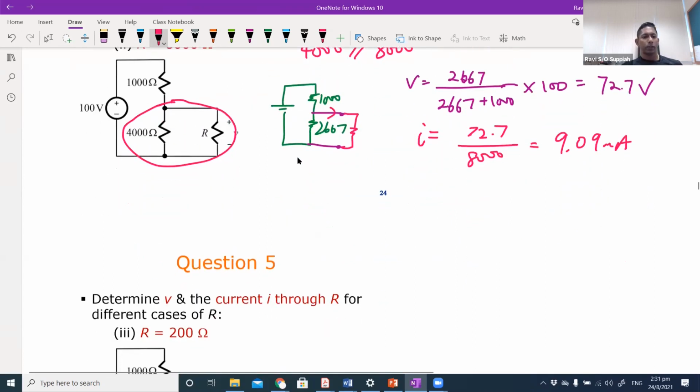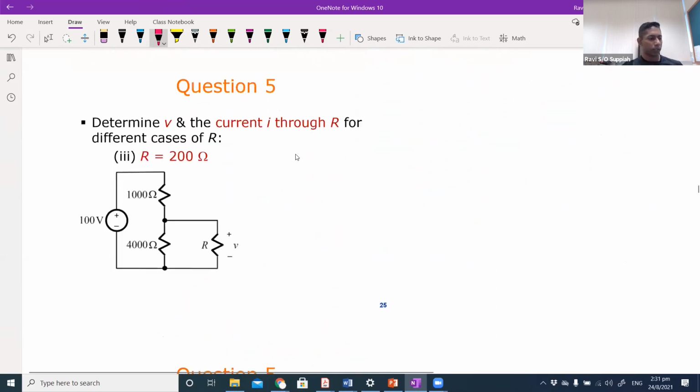And you do the same thing here. So R is 200, you do the same thing. You calculate the parallel resistance, 200 parallel with 4,000, and you get 190 ohm.